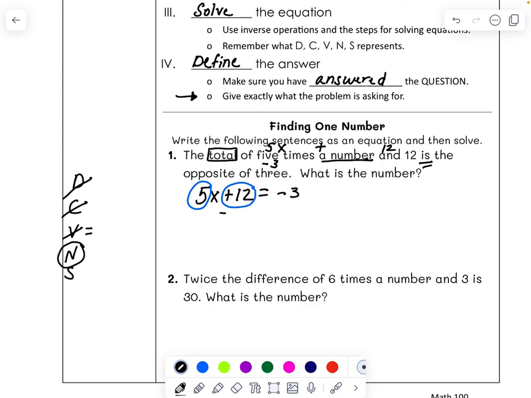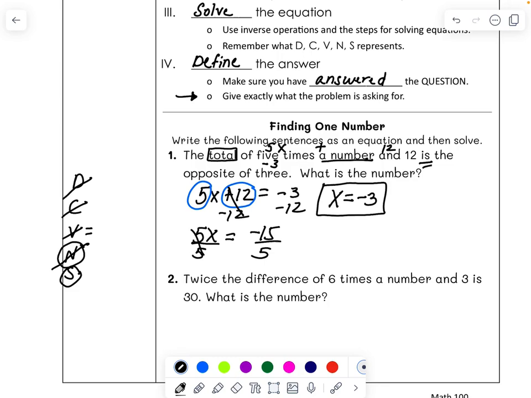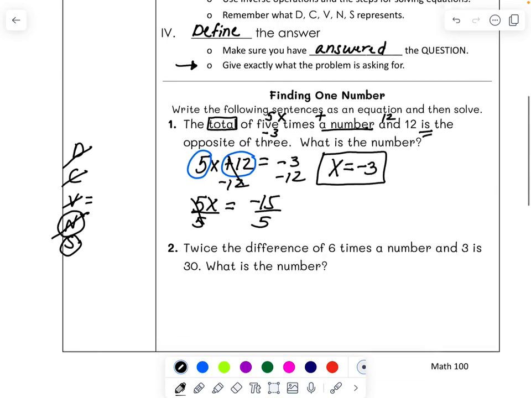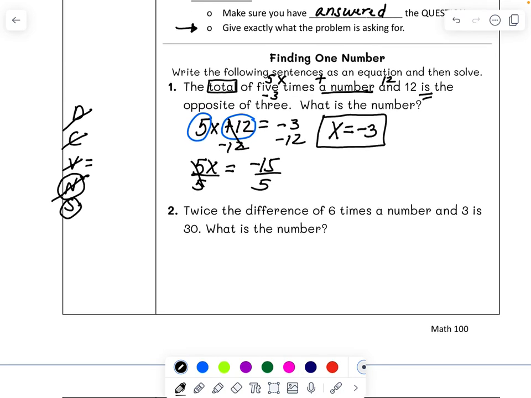We need to subtract 12. 5x equals negative 15. And then we need to divide by 5, both sides. We're going to do the solve step. And we get x equals negative 3. Just like that.